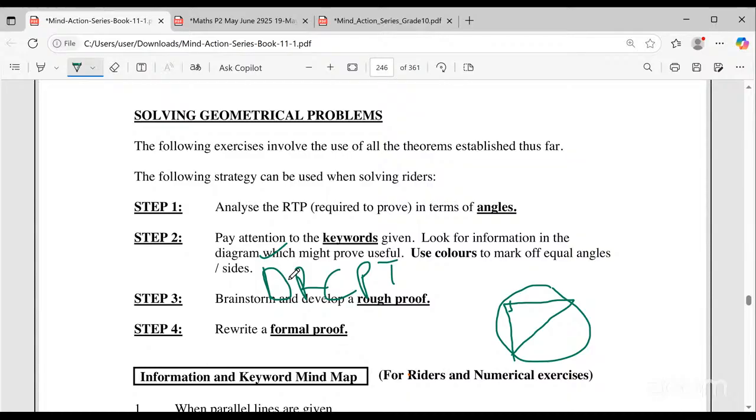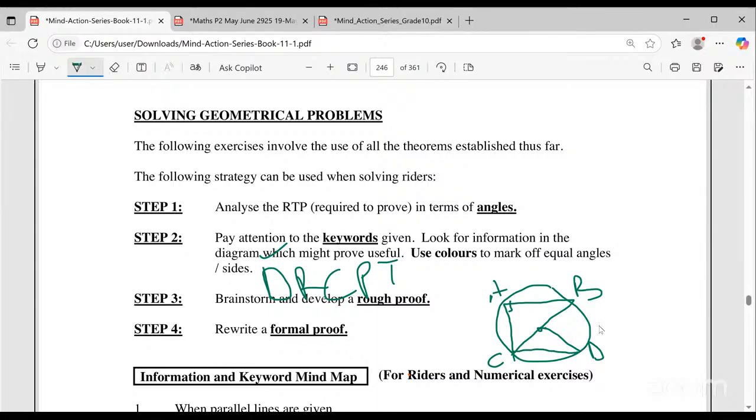Let's proceed to R, the radius. Maybe you might be given something like this. If this is the center of the circle, O, and this is our A, this is our B, this is our C, and you are given some D here, and there is a chord DC in this circle.